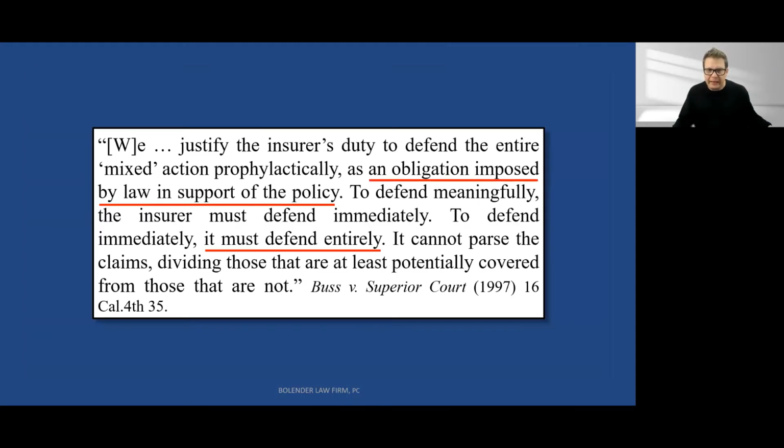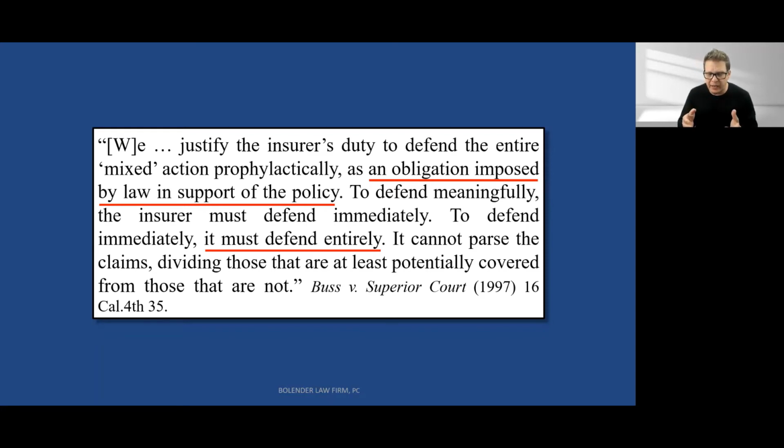Well, in the Buss case, the Supreme Court agreed with the insurer under similar circumstances that the contractual duty only extended to potentially covered claims. It reasoned, however, that insurers cannot meaningfully defend less than an entire lawsuit. The court essentially concluded that in a mixed action, the duty to defend extends beyond its contractual scope by operation of law.